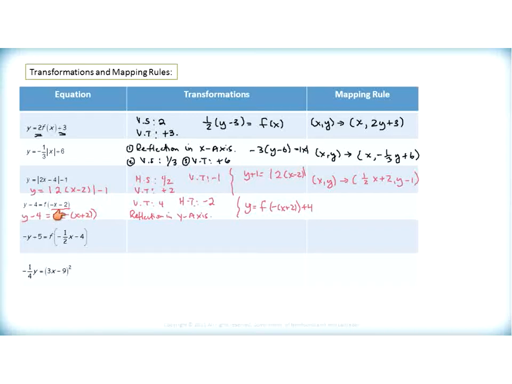Horizontal translation of negative 2, reflection in the y-axis, and a vertical translation of positive 4. Mapping rule, let's write the mapping rule for this function. (x, y) maps to (negative x subtract 2, y plus 4). Example number 5.